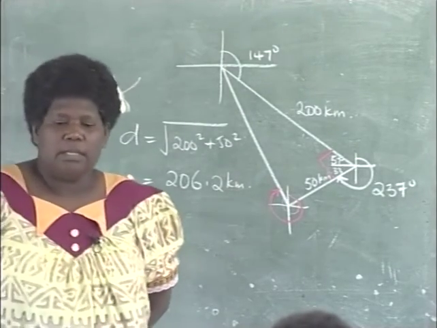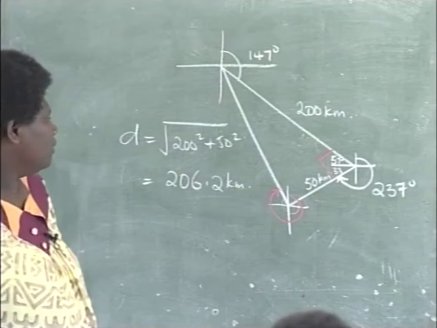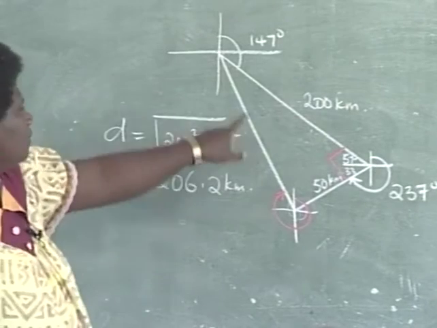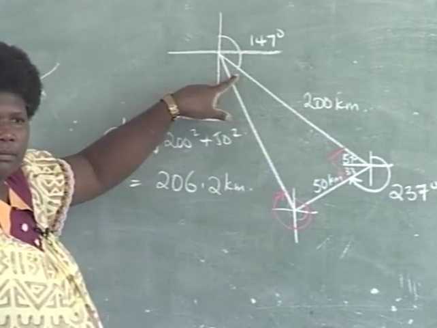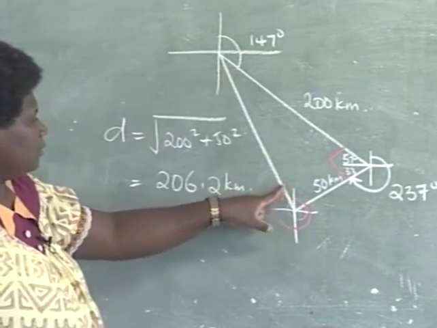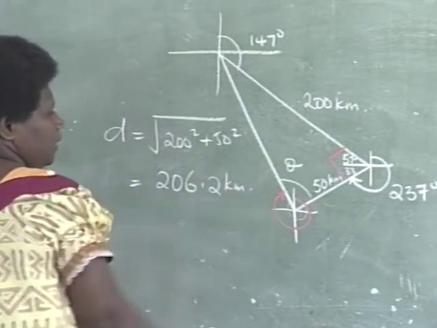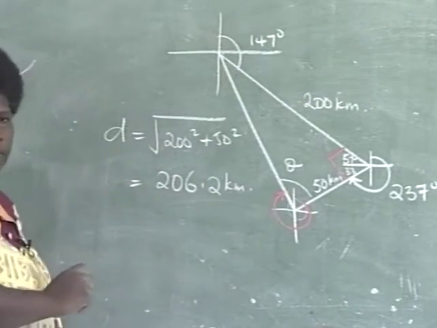Do we need to calculate some angles? Which one? This one? Okay, I'll make it theta. What trig ratio am I going to use?